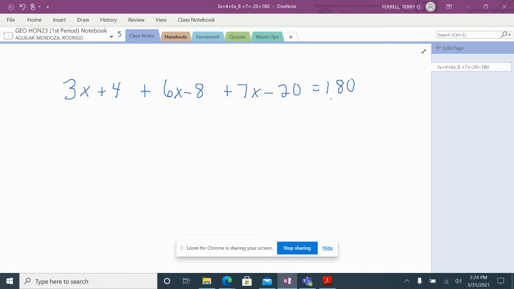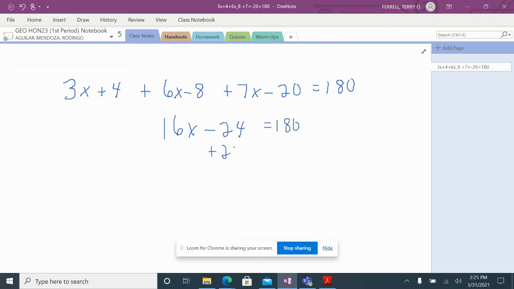See, now I'm just going to solve it. For like terms, I got 7x's, 6x's, and 3x's. That's going to give me 9, 9 plus 7 is 16. That's 16x. And then 4 minus 8 is negative 4. Negative 4 minus 20 is negative 24. Equals 180. I'll put it in your calculator.